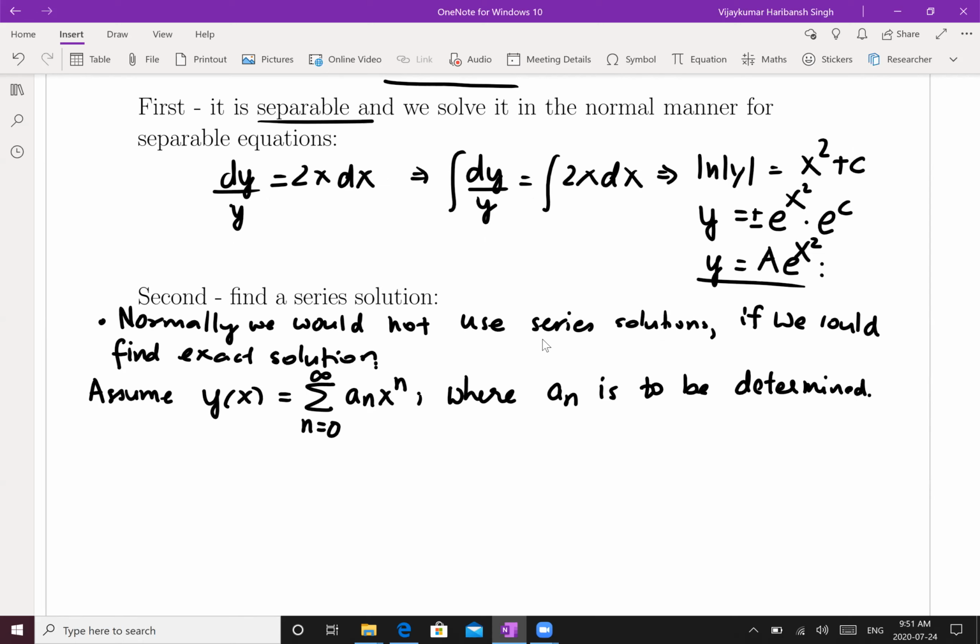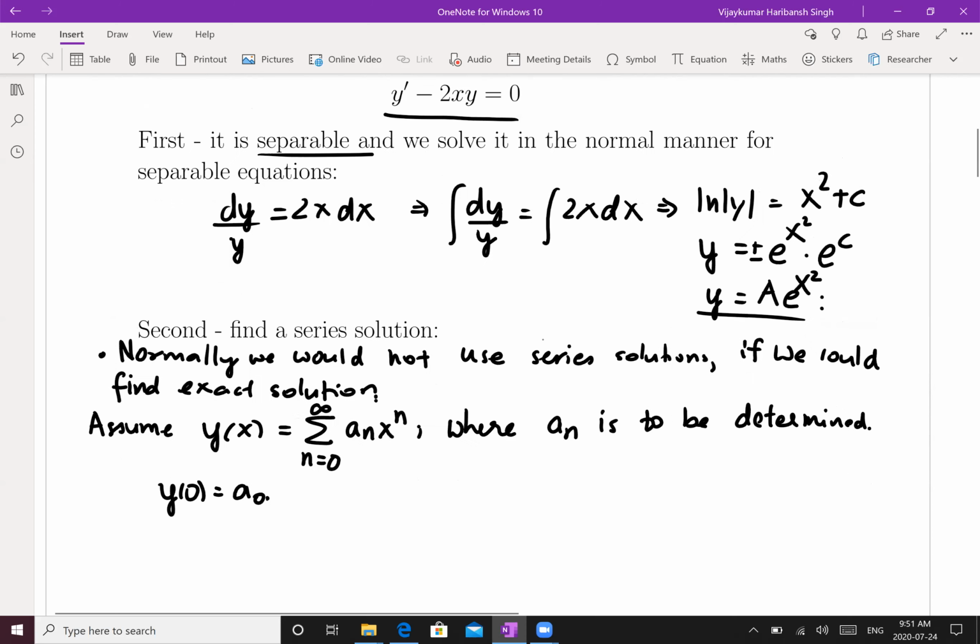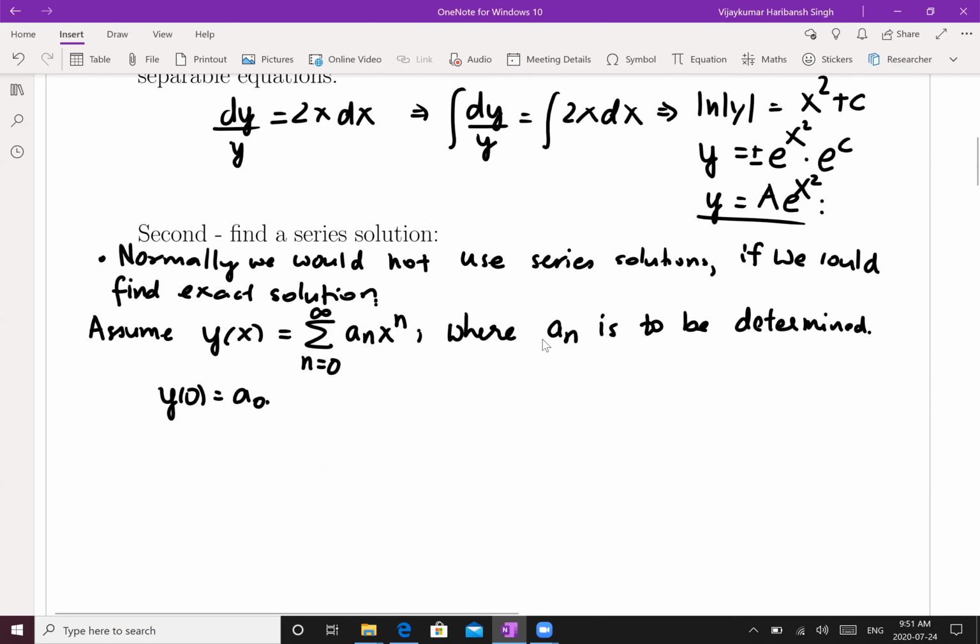So we have y of 0 is clearly a_0, and so on and so forth. Now let's find what y prime of x is. y prime of x is summation n equals 1 to infinity of n a_n x to the power n minus 1.